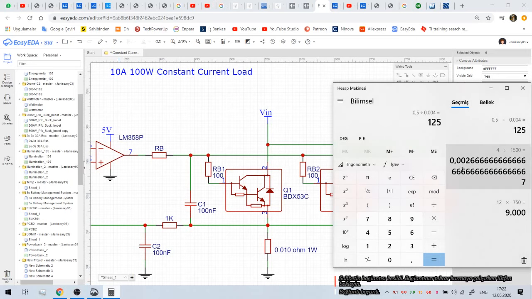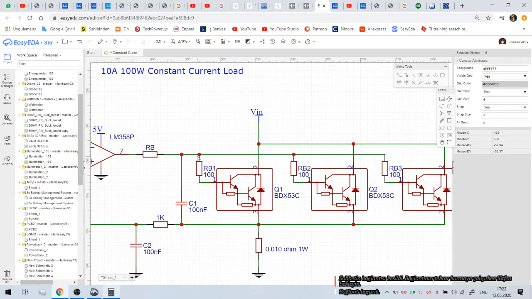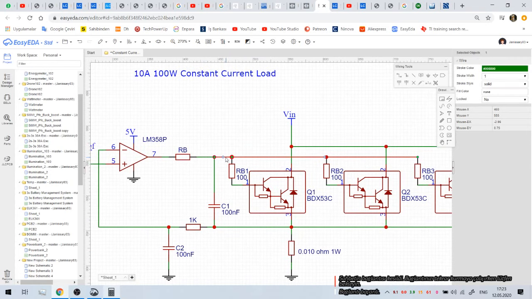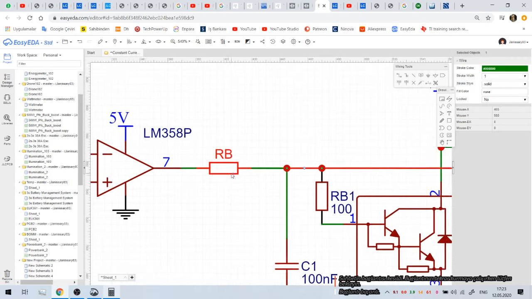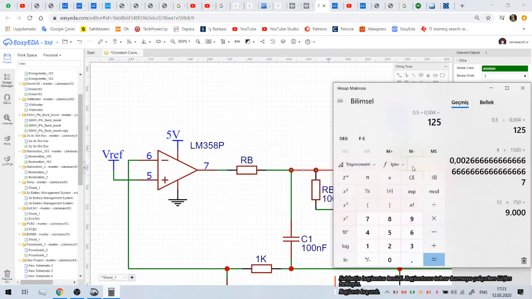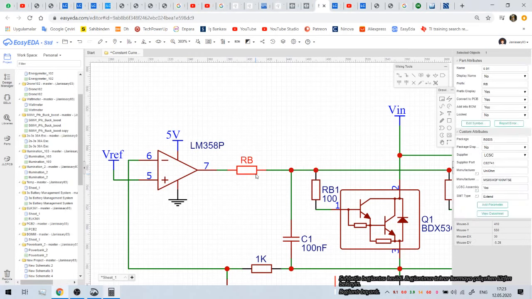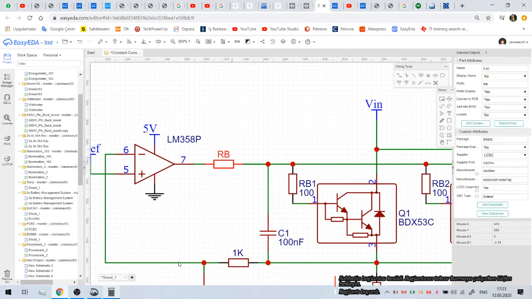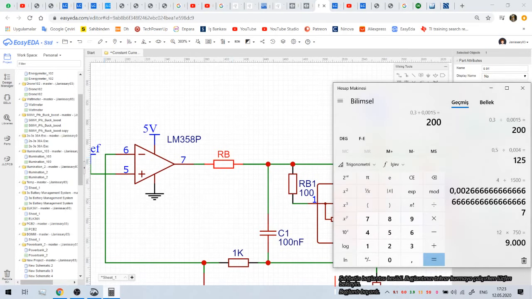I calculated only 2.6 milliamp. Yes, this voltage will be nearly 3.1 volts, 3 volts. So 3 volt gives us 0.3 divided by 0.015.